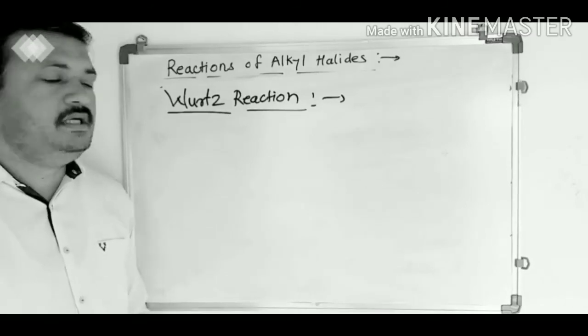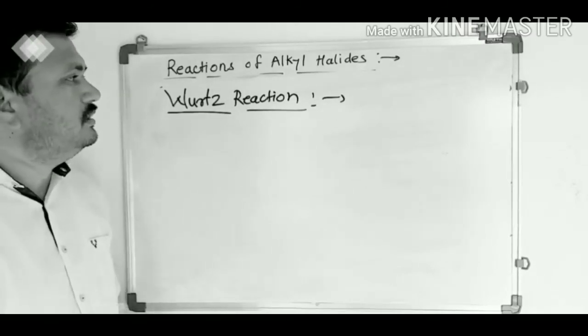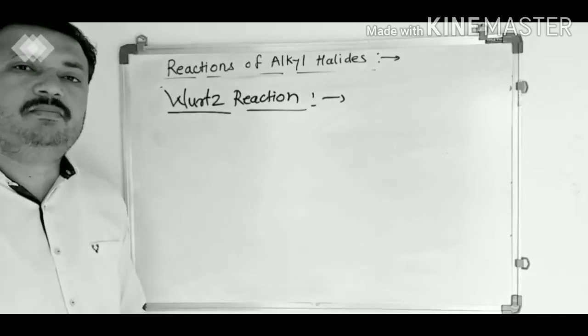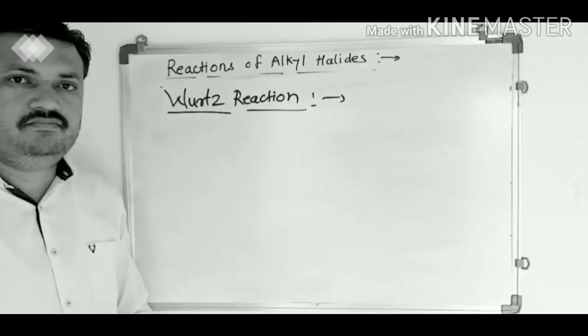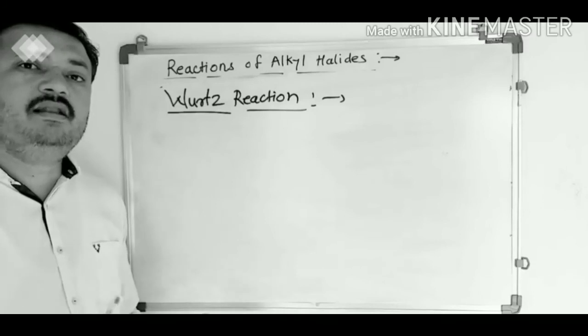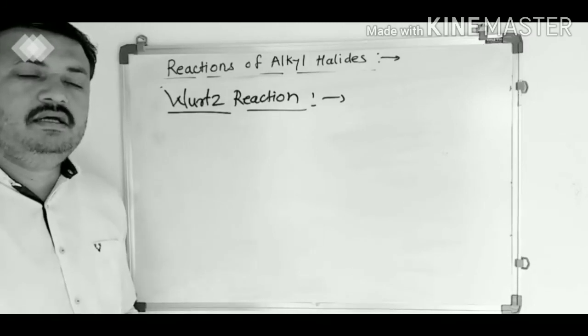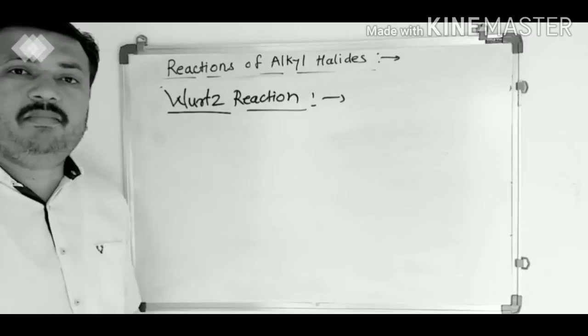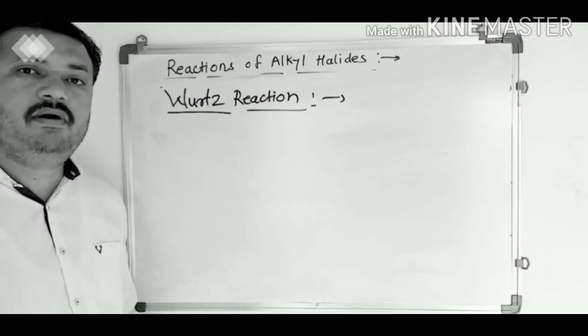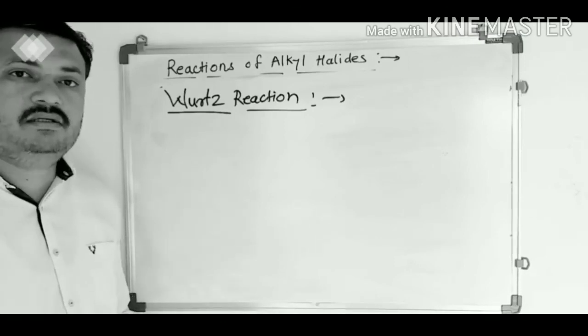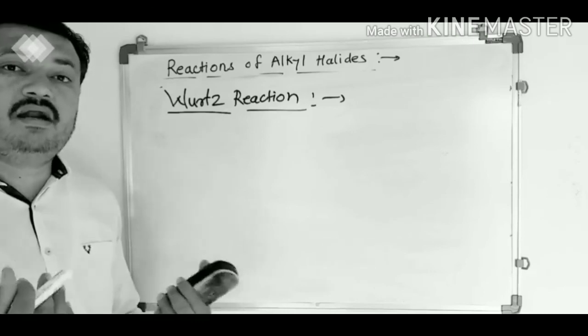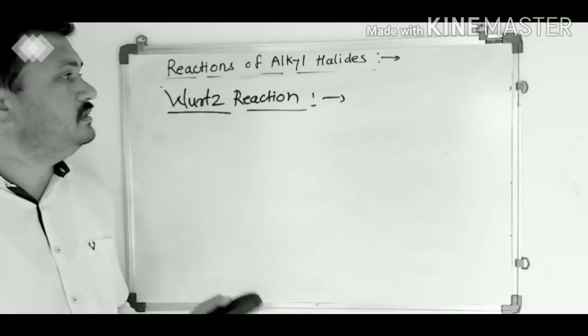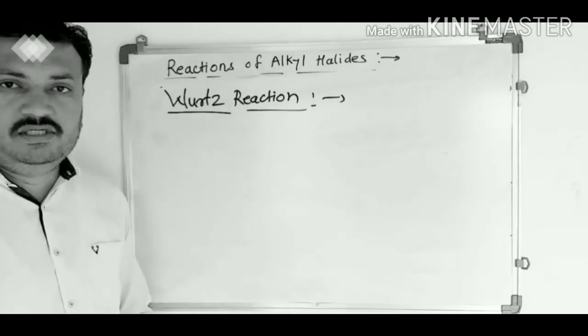Next reaction is the Wurtz reaction. This reaction is generally used for the preparation of higher alkanes. When an alkyl halide is treated with sodium metal or zinc metal in presence of ether as a solvent, formation of higher alkanes takes place, and this reaction is known as Wurtz reaction.